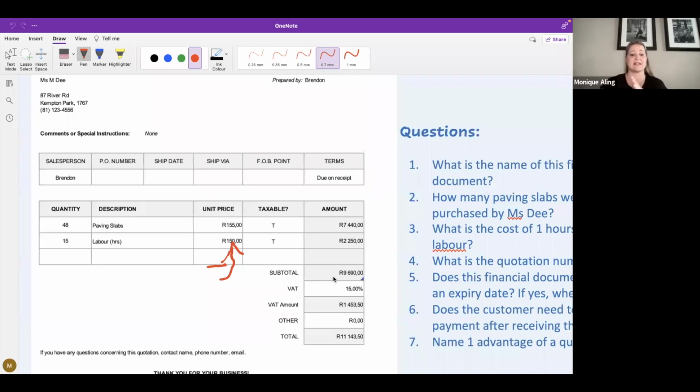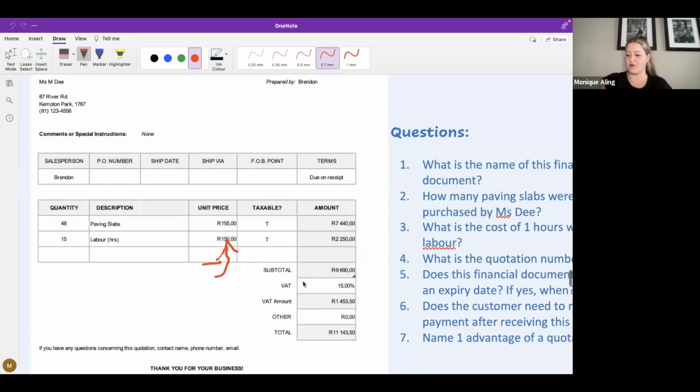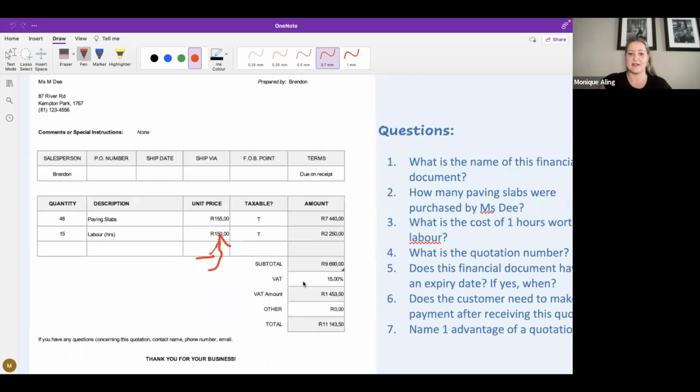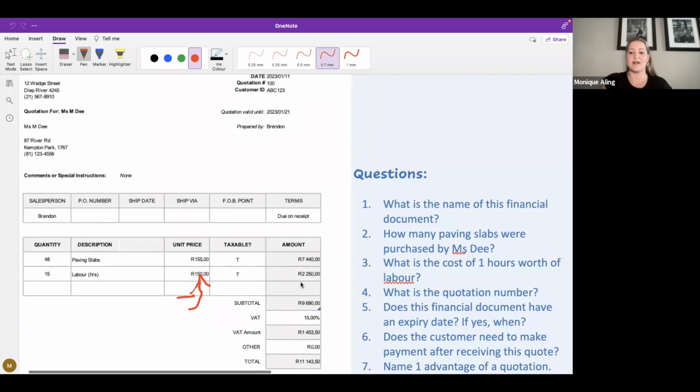So whatever we're looking at. The paving slabs, for example, it's 155 Rand. So that's for one slab. It's 155 Rand. Okay. Then going back to the questions. What is the quotation number?